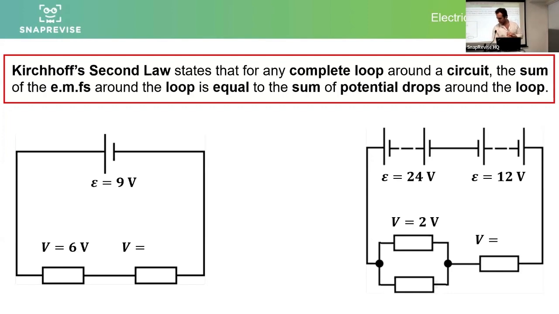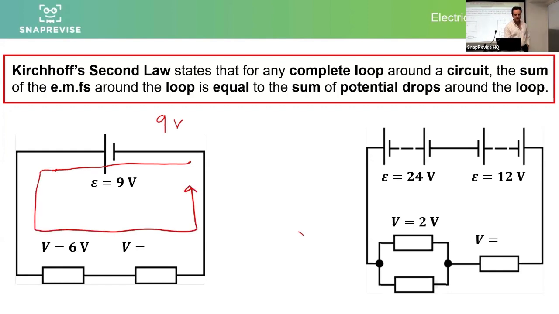For the loop on the left, this is easy enough. You're saying, well, look, I start here, and as I walk around, I gain 9 volts. That is an EMF. I'm gaining some EMF, and then, oh dear, I spend some potential drops. I spend 6 volts here, therefore I must spend 3 volts here.